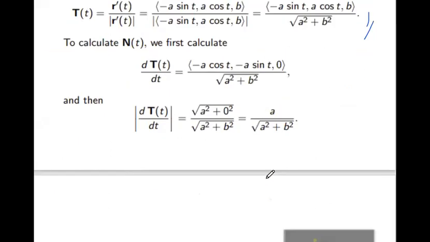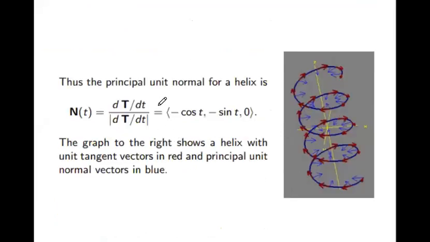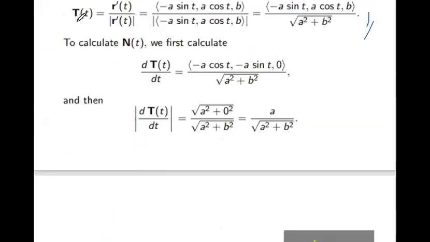Then you are able to find this unit normal vector, which is negative cos t, negative sin t, comma 0. This one is normal to the unit tangent.